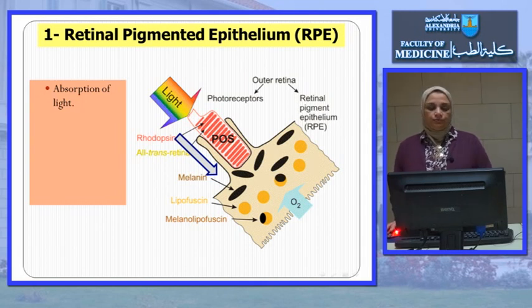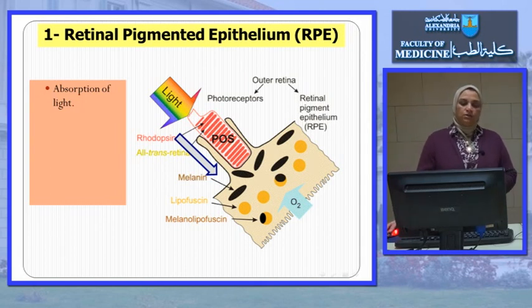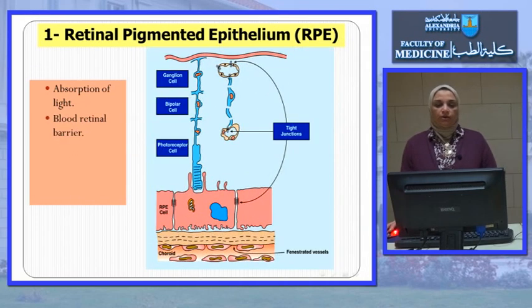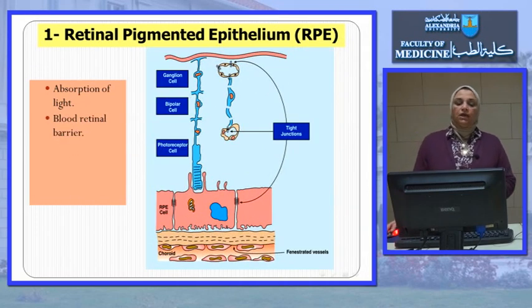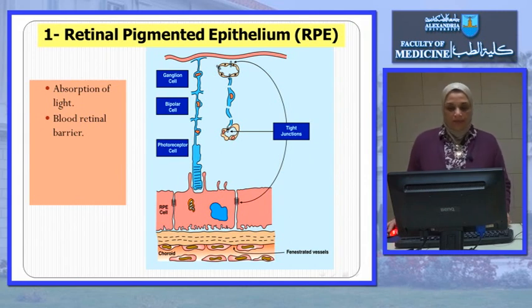Function number 2. We can notice that between the retinal pigmented epithelial cells there are tight junctions. When we see tight junctions between the cells, this means there is a barrier. Barrier between what? The rest of the layers is the delicate photosensitive part of the retina.